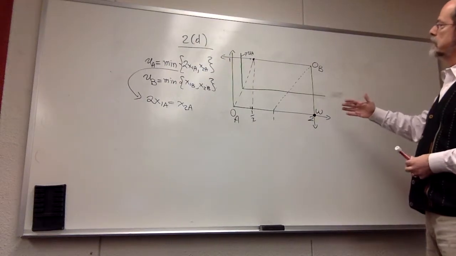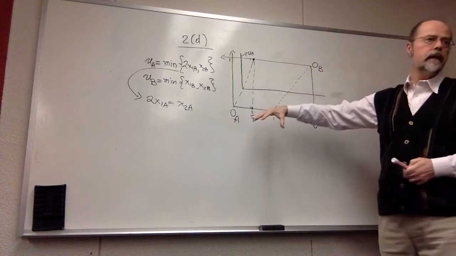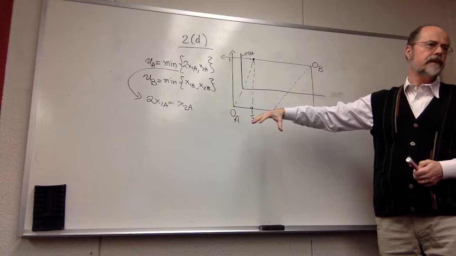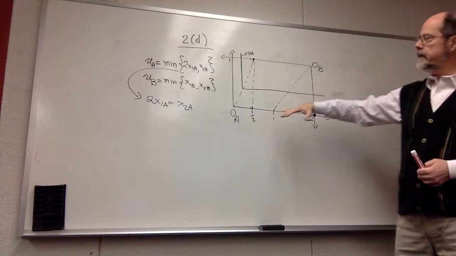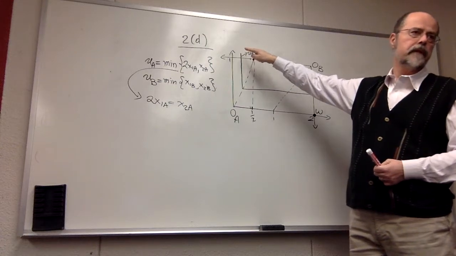From the point of view of person B, they're trying to push their indifference curve in that direction, right? And they're going to have to respect this line as the constraint.